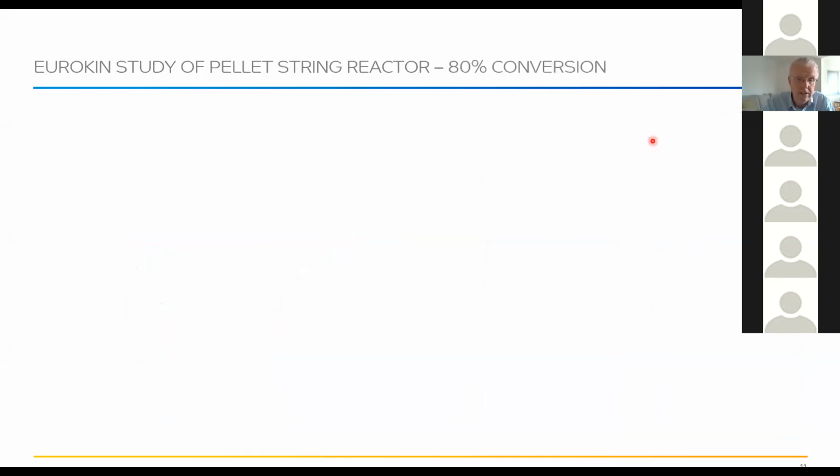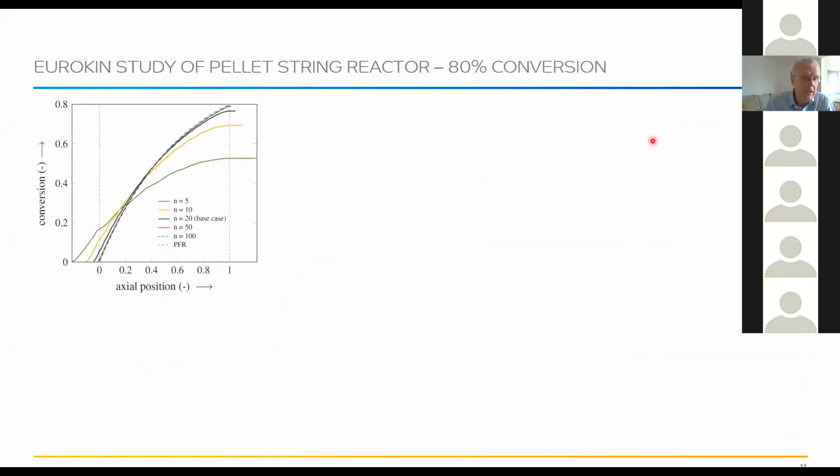What they then did, looking at an 80% conversion system, was look at the conversion you would achieve as a function of the length of the reactor, depending on the number of particles in the reactor. They looked at a reactor with just 5 particles in it, 10, 20, 50, and even 100 particles, and tried to compare the performance of that versus a plug flow reactor.